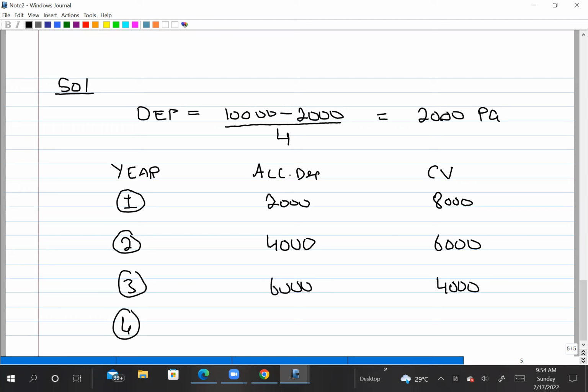And in the fourth year, the accumulated depreciation will be 8000 and the carrying value will be 2000. You get it? Yes, students, you get it?